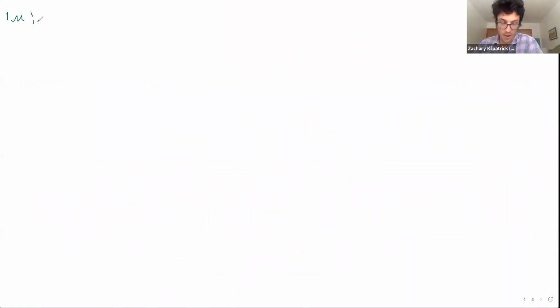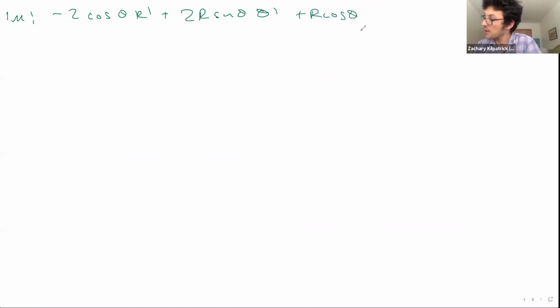Our imaginary part then is going to be minus 2 cosine theta r prime plus 2r sine theta theta prime plus r cosine theta minus r cubed cosine theta equals 0.